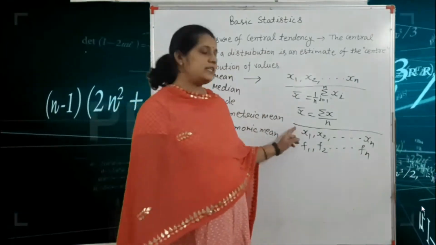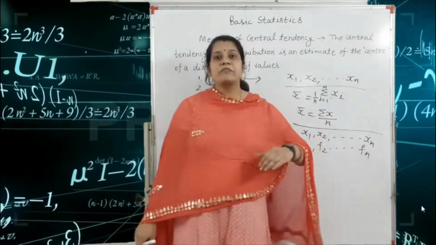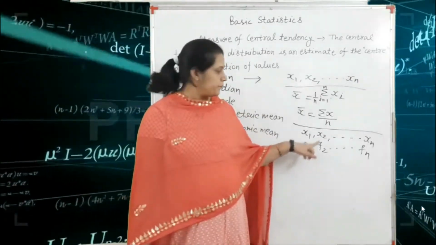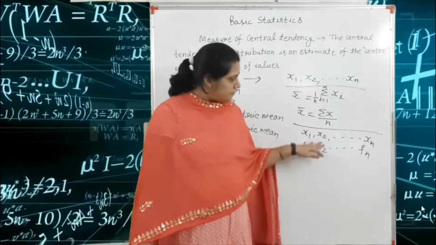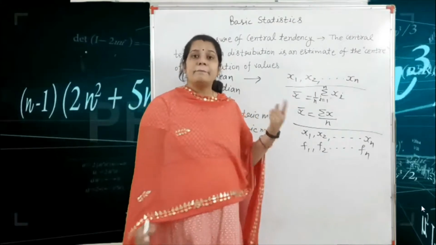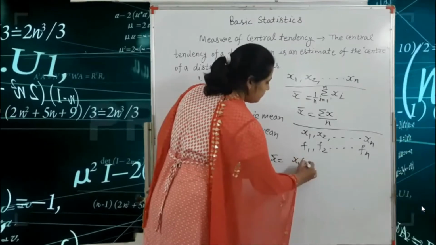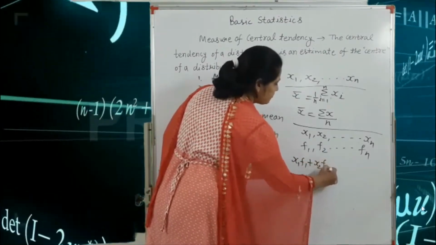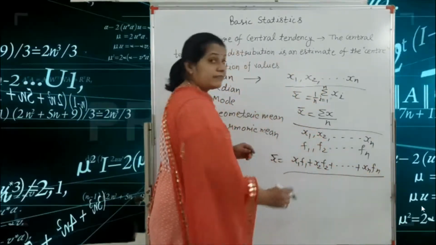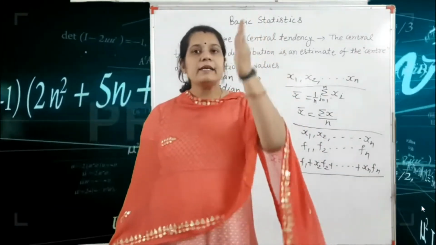Here we are given the values of x, x1 to xn, and the values of f: x1 corresponding to f1, x2 corresponding to f2, up to xn corresponding to fn. So for finding the mean, x bar is equal to x1 f1 plus x2 f2 plus up to xn fn. Got it? And divided by what?